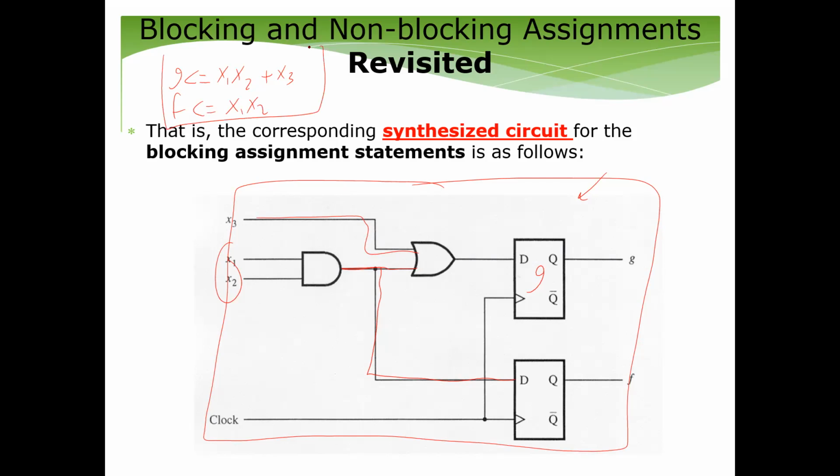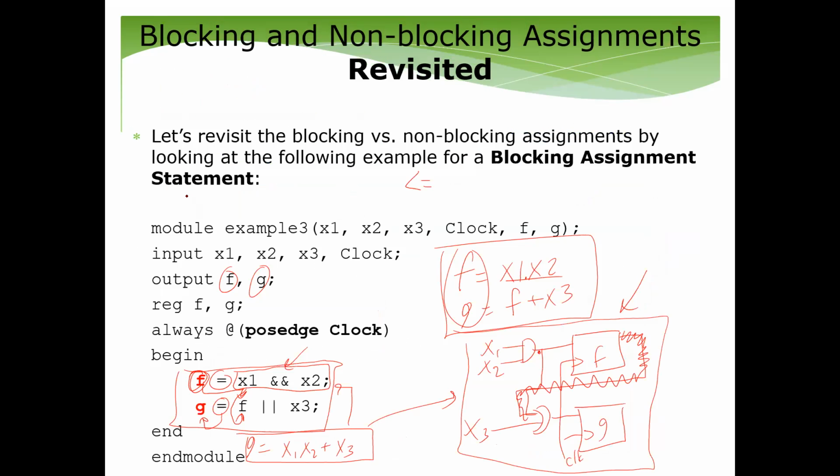Okay, now this with non-blocking assignment will synthesize to this circuit, which is not the same as if you use blocking assignment for these two. Anyone have a question? Okay.